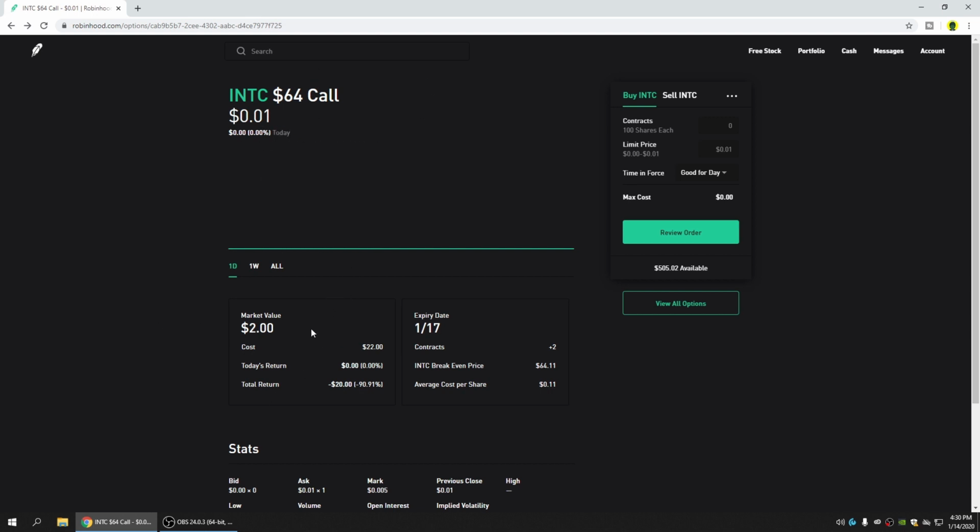So when you're buying an options contract, you're buying a coupon that essentially says that you can buy the shares at whatever strike price. So when you buy this coupon, you have to factor in the price you paid for the coupon, because you're getting the shares at this price, but you paid for the coupon. So even if INTC goes up to 64.12, I'm still going to lose $10 on this contract because I paid $22 for it.